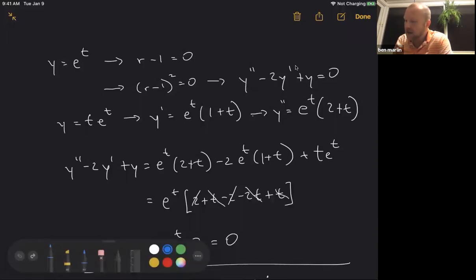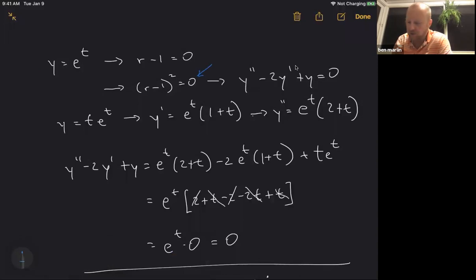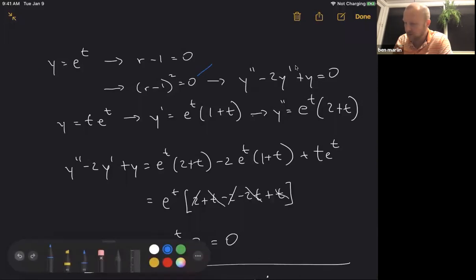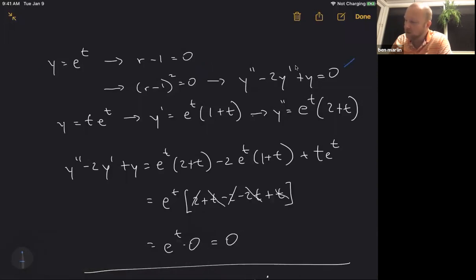Then I want us to think about maybe instead of having just r minus 1 equals 0, we have r minus 1 squared. So we make it multiplicity 2. That would correspond to having r squared minus 2r plus 1, which would correspond to an equation like y double prime minus 2y prime plus y equals 0.